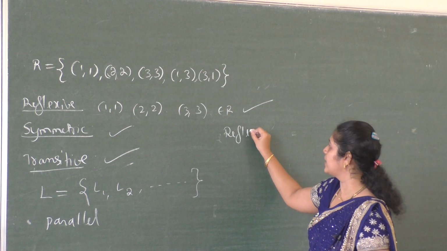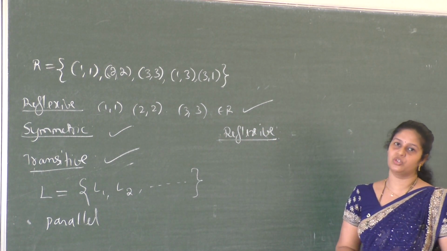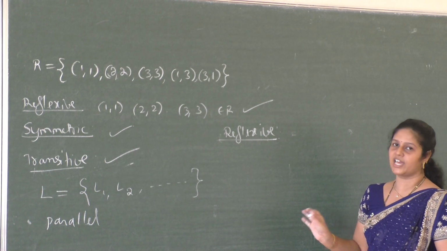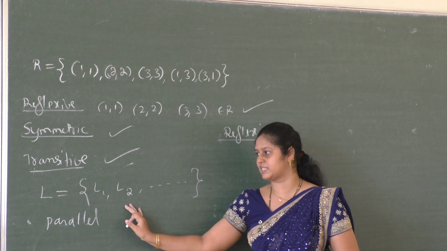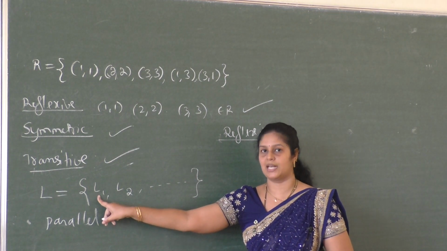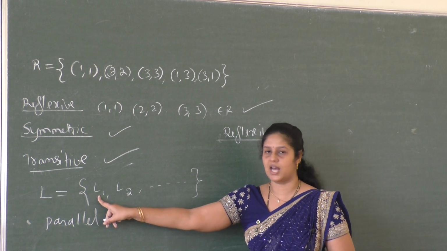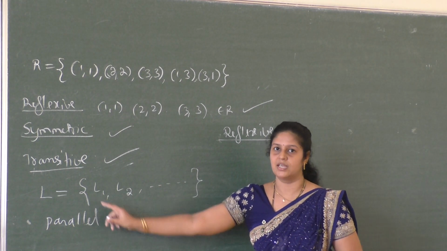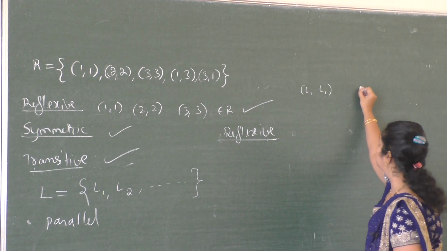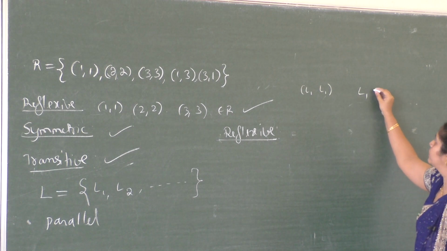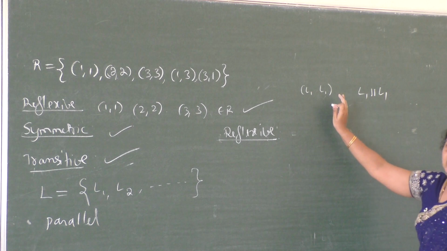What about reflexive? Reflexive means you know that for every element of this set L, if I take L1, (L1, L1) should be there in relation R. (L1, L1): is that possible? Yes, L1 is parallel to L1. So each line is parallel to itself.